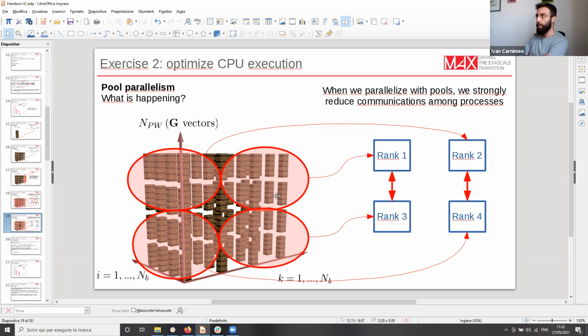So I hope that this is clear for you. But this is the main reason why the M-pool parallelism is so efficient.